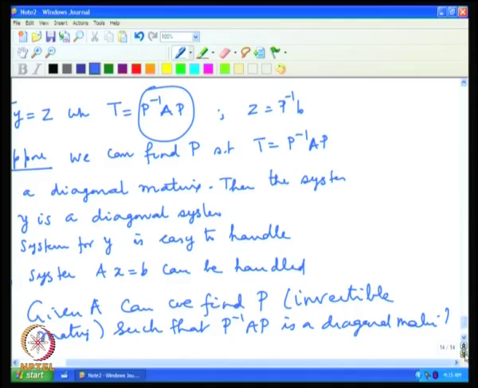We have to find one more criterion. Just as we asked what condition B should satisfy in order that A x equal to B has a solution, analogously, now we are asking what is a criterion that A should satisfy in order that P inverse A P is a diagonal matrix. The moment we find this criterion, we will ask: given an n by n matrix A, check whether it satisfies this criterion.